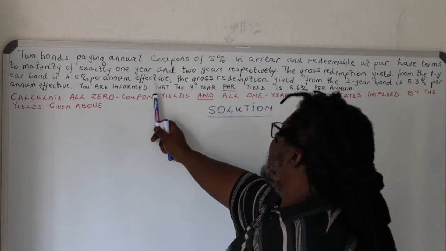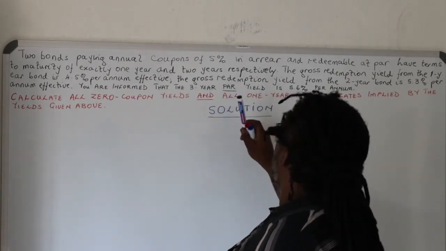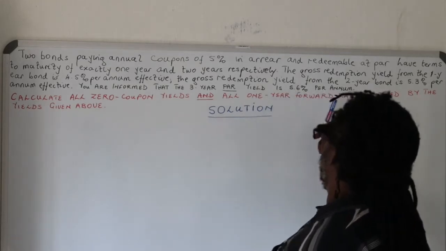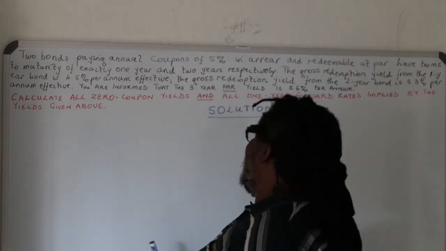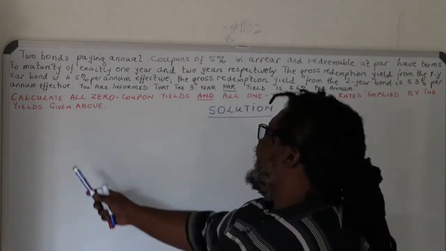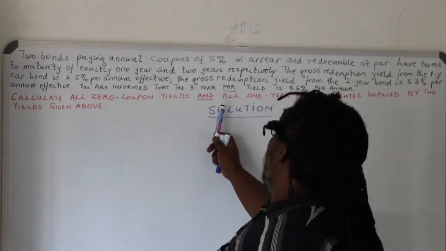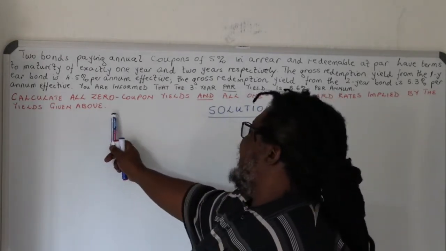You are informed also that the 3-year par yield is 5.6% per annum. And the questions that you should answer are: calculate all zero coupon yields and all 1 year forward rates by the yields given above.